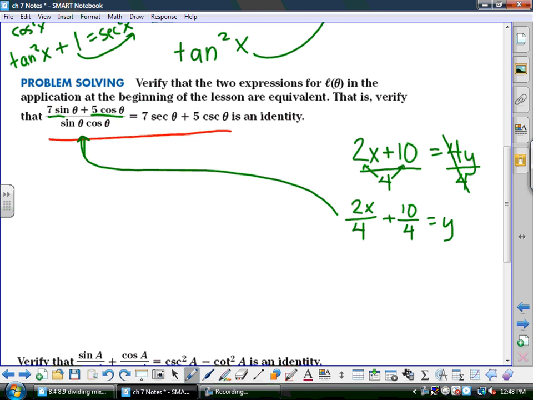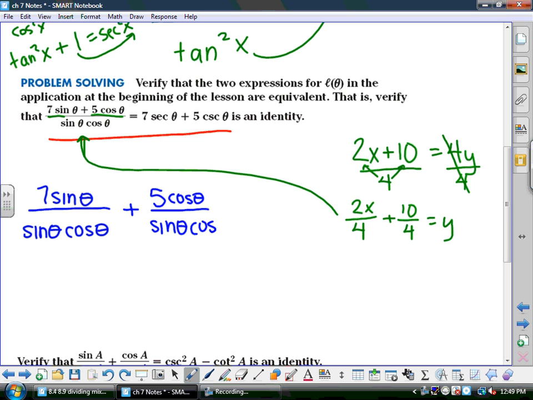So what we're going to do is take both parts on the top and divide them by sine theta cosine theta. It'll look like 7 sine theta over sine theta cosine theta plus 5 cosine theta over sine theta cosine theta.